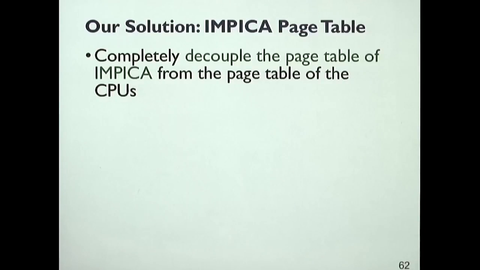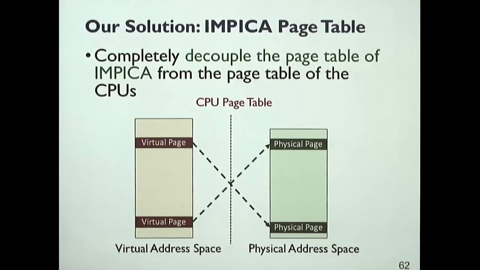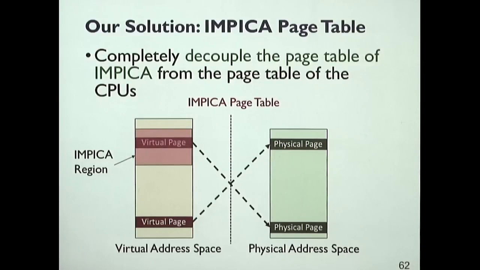So the idea in this case is to decouple the page table of MPICA, meaning the pointer chasing, completely from the CPU. In the virtual address space today, virtual addresses can go to many, many places. We basically kind of color, and allocate a part that's really dedicated to this accelerator. And if you want to have pointers, you should put your pointers here.